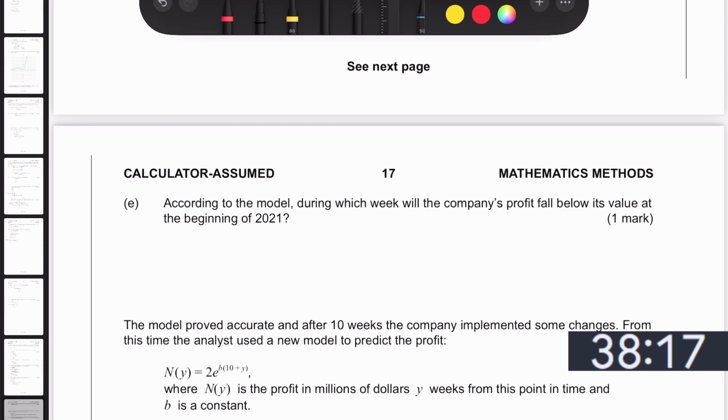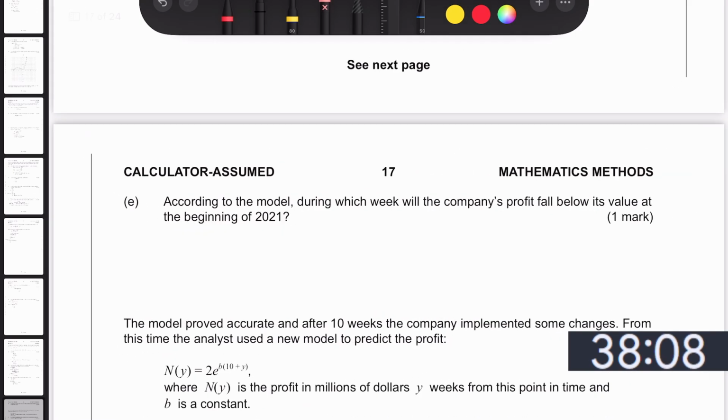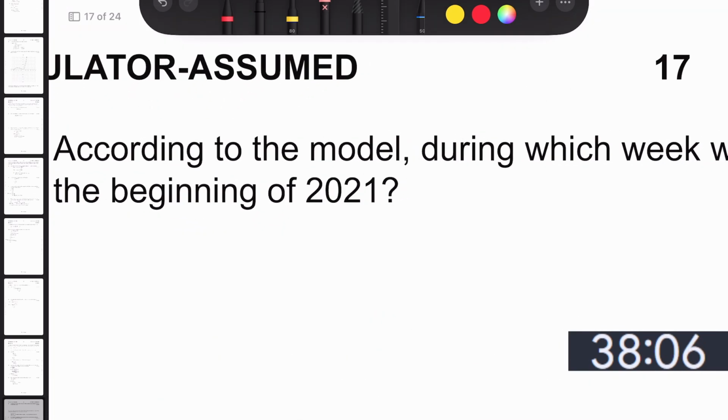According to the model, during which week will the company's profit fall below its value at the beginning of 2021? So do P of x equals 4, given that x is larger than 0.